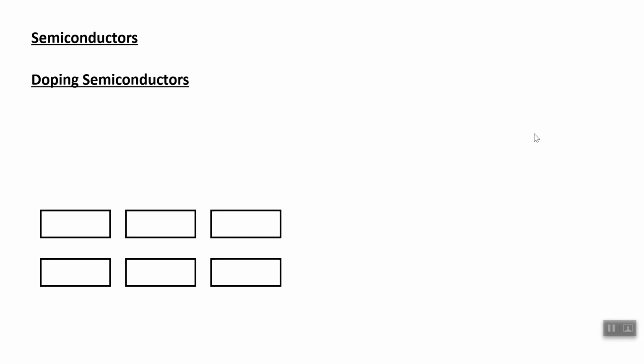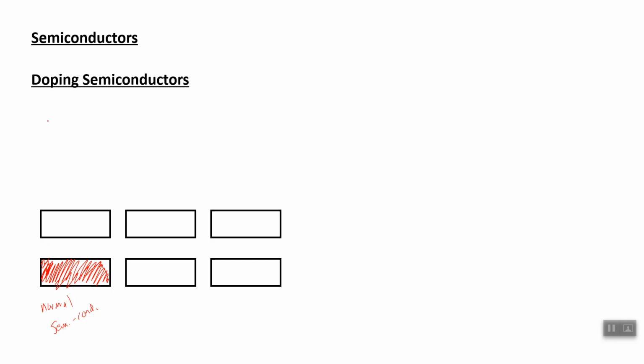Doping semiconductors. So semiconductors in general, we talked about this, the generic semiconductor, has a filled valence band, an empty conduction band, and it has this band gap between the two.